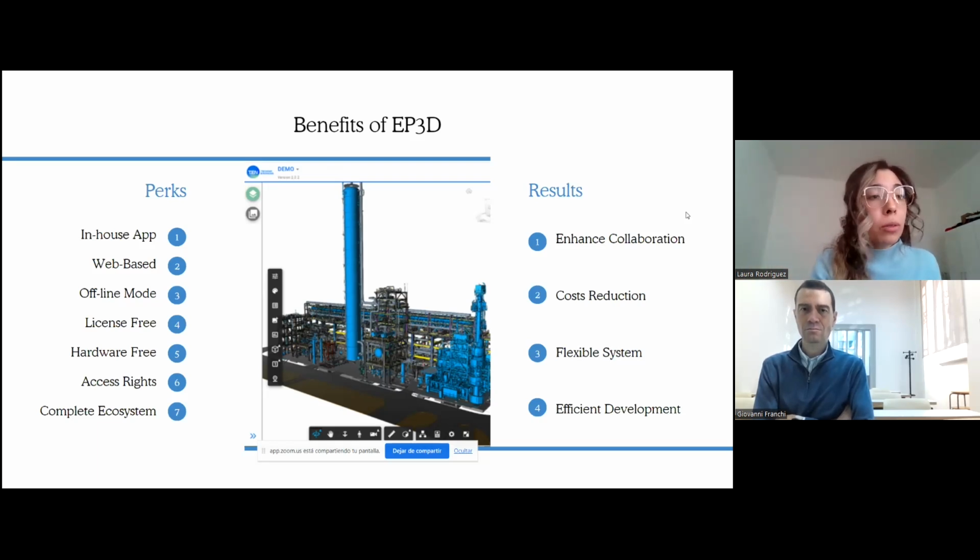It has a flexible system, which means that it can easily adapt to each project's unique requirements, because we know that every project is a different world. And the efficient development approach is that since this is an inner platform of the company, they have the ability to change it and develop it in the way they see fit.